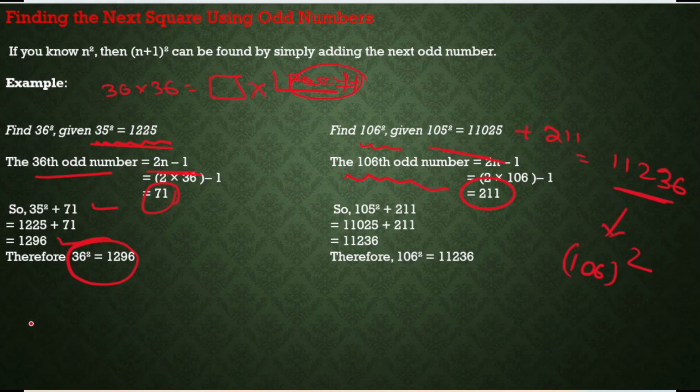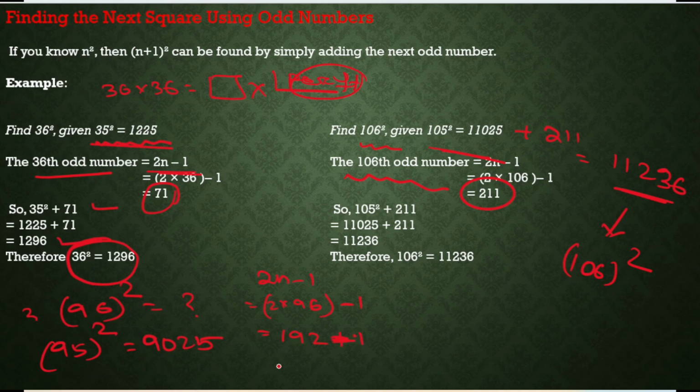Clear? If you are given 95 square, find 96 square. What is 95 square? 9025. You have to find 96 square. So what is the 96th odd number? 2n minus 1, according to the formula, 2 into 96 minus 1.